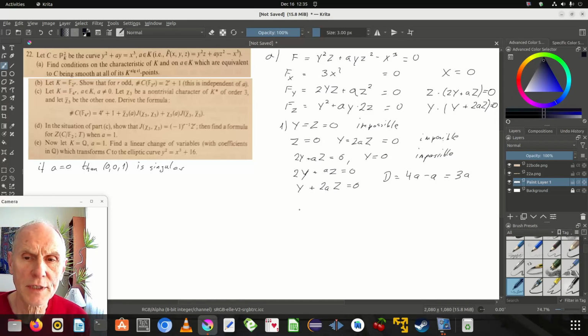the characteristic is 3, char k equals 3. Then what?